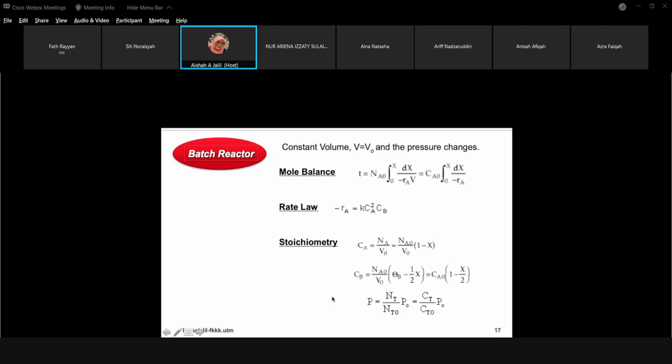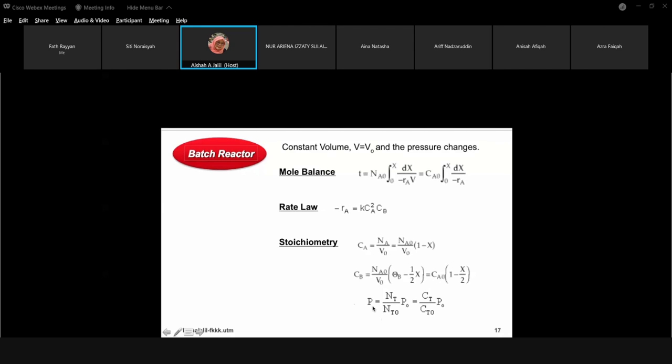Okay, then this is the batch reactor. For the batch reactor, they calculate for the t. Okay, the same question. This is the t. This is to relate the pressure and the number of moles.